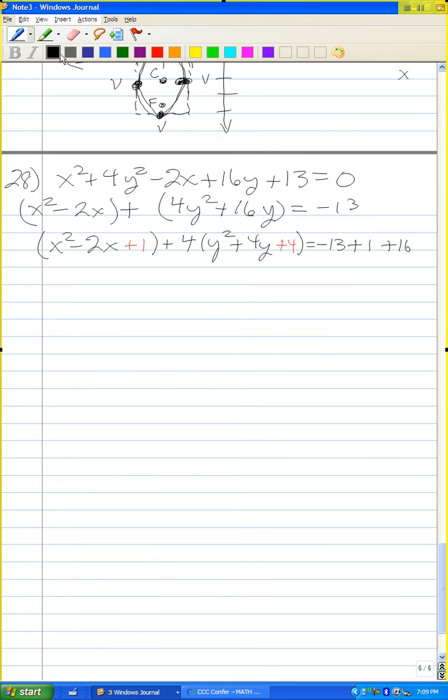And so what's in the parentheses is a perfect square trinomial. And so I can write this as x minus 1 quantity squared plus 4 times y plus 2 quantity squared equals negative 13 plus 1 plus 16, which is equal to 4. Let me divide both sides of my equation by 4.